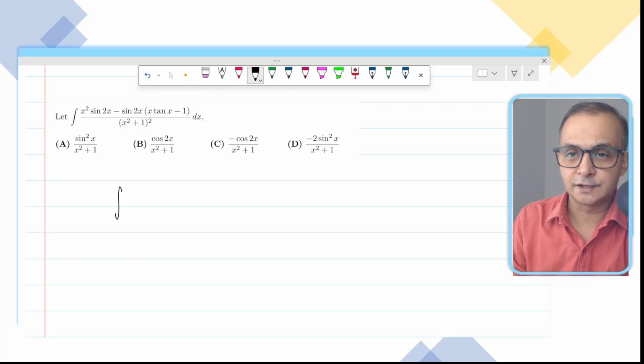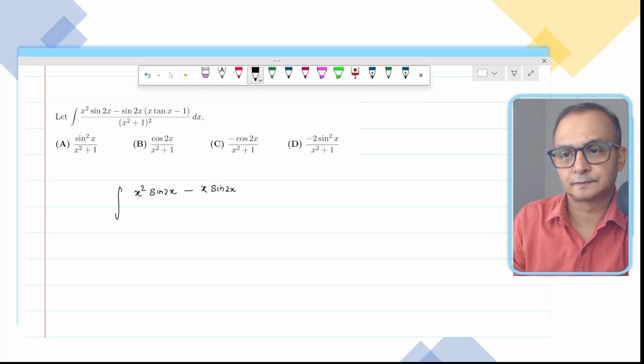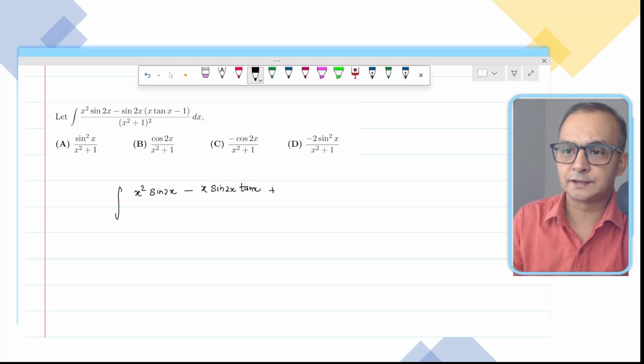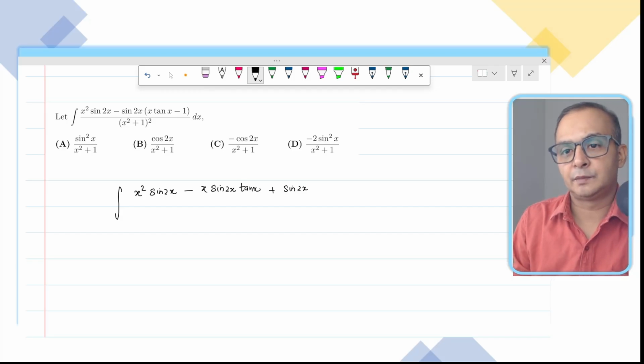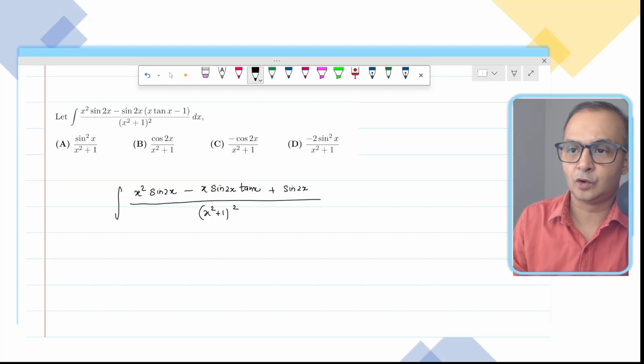So what I'll take first, I'll take x squared sine 2x, and I'm multiplying this thing minus x sine 2x tan x. And this will give you plus sine 2x. And in the denominator, I have x squared plus 1, the whole square dx.